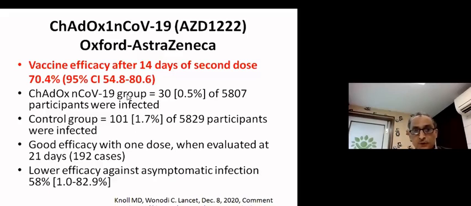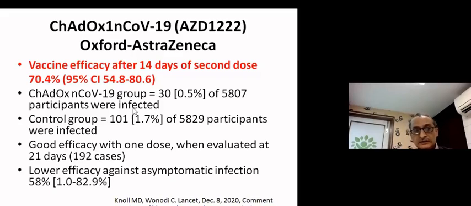Okay, and so if you see in the test group, those who got the vaccine, just 0.5% of the individuals got infected in spite of getting the vaccine. Vis-a-vis in the control group, about 1.7% of the population got infected. So this is quite statistically significant.